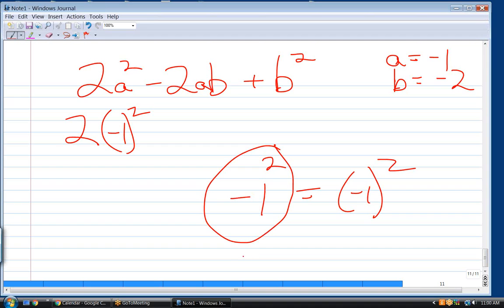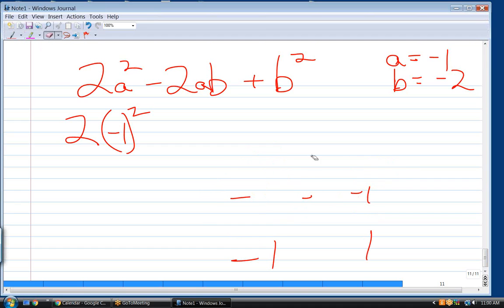So the answer to the left side is -1. But the right side, it's -1 times -1. The answer to that is +1. So these parentheses are necessary. When you're going to substitute numbers for variables, always use parentheses.